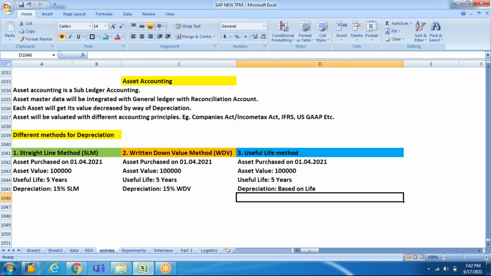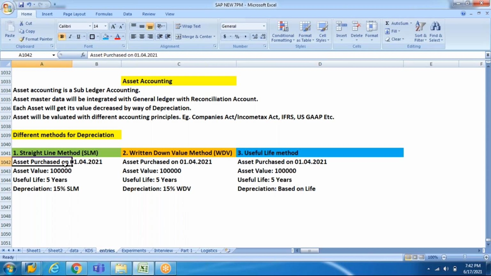Clear? You purchased the asset on 1/4/2021. Value of the asset is 1 lakh. Life of the asset is 5 years. And depreciation is based on the 15% straight line method. And in this second method, WDV, same values, but the change is in the depreciation. Here we are going to depreciate at 15% WDV method.